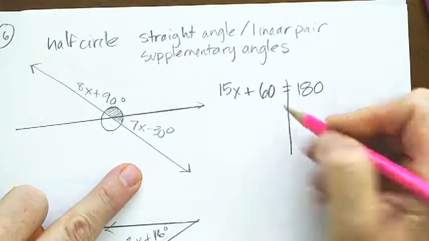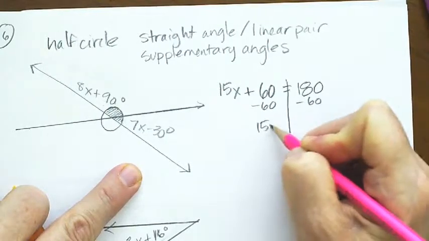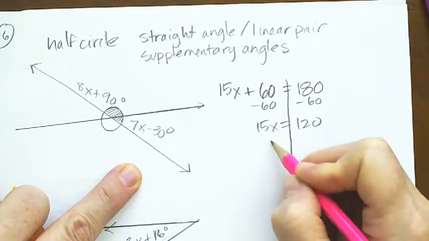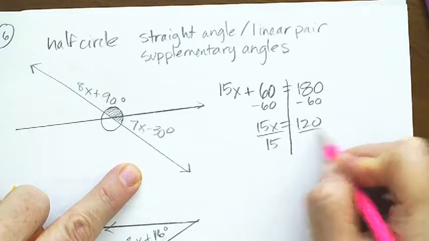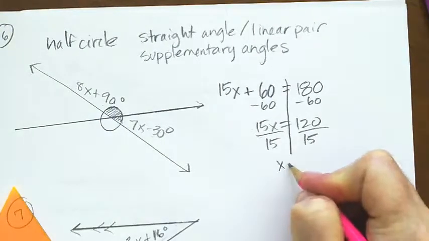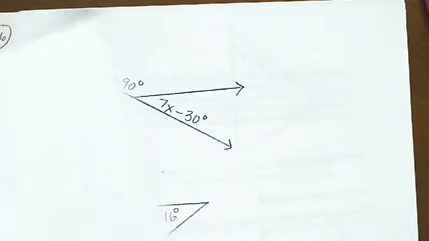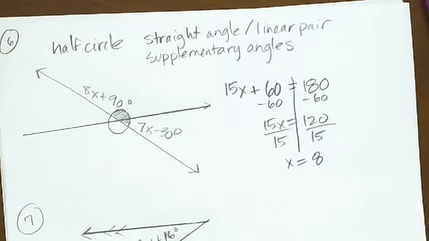Okay, solve for x. Take away 60 from each side, and then divide by 15, and that would be 8. And I think that's all we have to do here. Just says calculate the value of x, that's it.